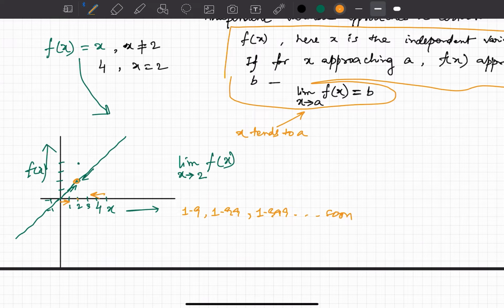f(x) is approaching in this way when x is approaching 2 from the greater than 2 side, and when x is approaching 2 from the less than 2 side, the f(x) also approaches 2.